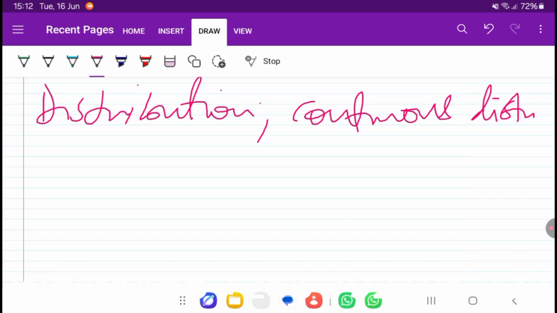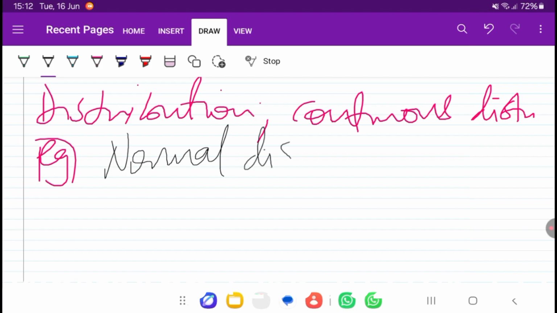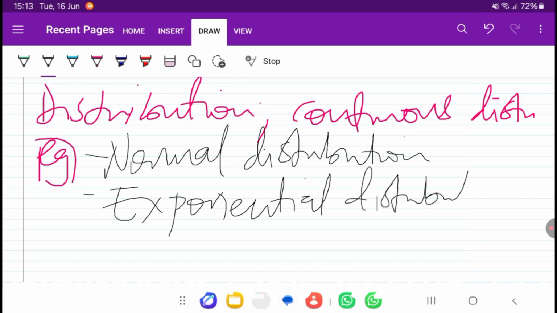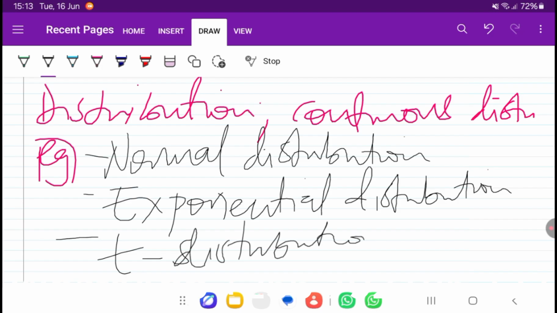And examples of a continuous distribution, we have the normal distribution, the exponential distribution, and we also have the T distribution, the student T distribution. And when it comes to analysis, how do we analyze continuous data?